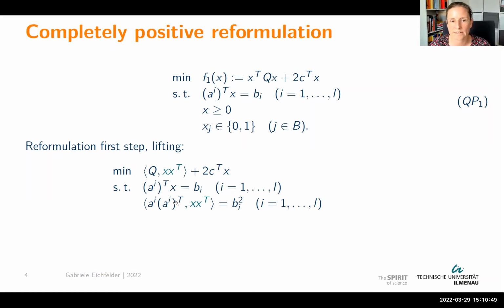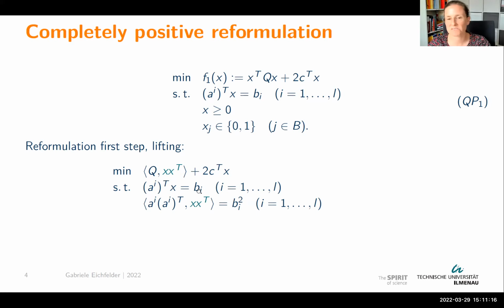But before we do that, we copy these equality constraints and write them another time, and this time to the power of 2. So on the left-hand side, we had a scalar. On the right-hand side, we had a scalar. And here we just take the scalar to the power of 2, like you can see here on the right-hand side, it's b_i squared. We also do it on the left-hand side, and by using again this formulation of the trace of the inner product, it looks like that. We can at least write it like that.